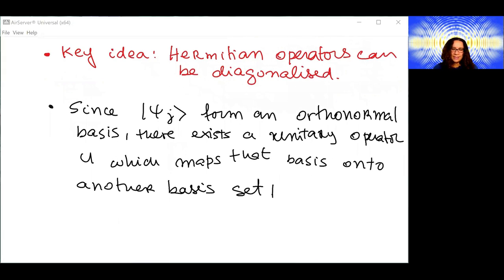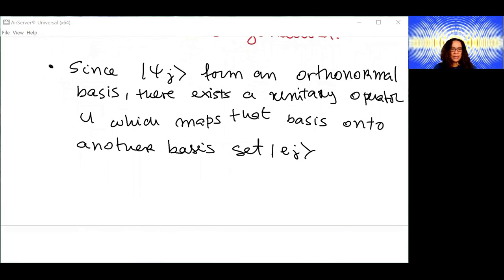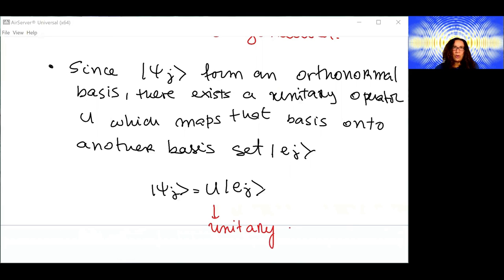And we can call this basis set ej, which is something we have seen in our last lecture when we were talking about basis changes and the properties of unitary operators, which are very important also in quantum mechanics. You can write ψj as U ej, where this is a unitary operator that you can use to change the basis.